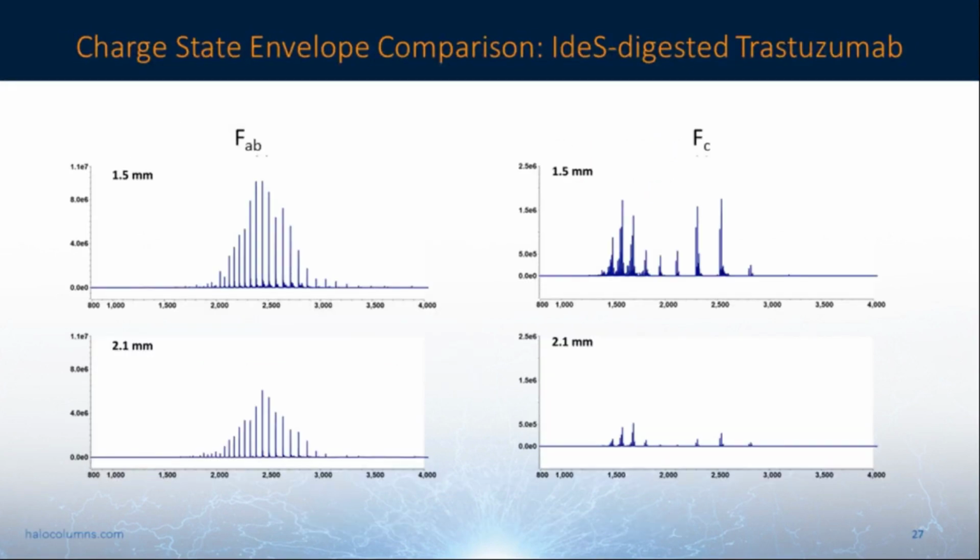For the charge state envelope comparison, first the Fab is shown on the left-hand side, with the intensity being greater with the 1.5 millimeter results. That's shown on top compared to the 2.1 millimeter ID results. Then for the Fc fragment, which is shown on the right-hand side, you can see the intensity is significantly greater with the 1.5 millimeter ID results compared to the 2.1 millimeter ID results.